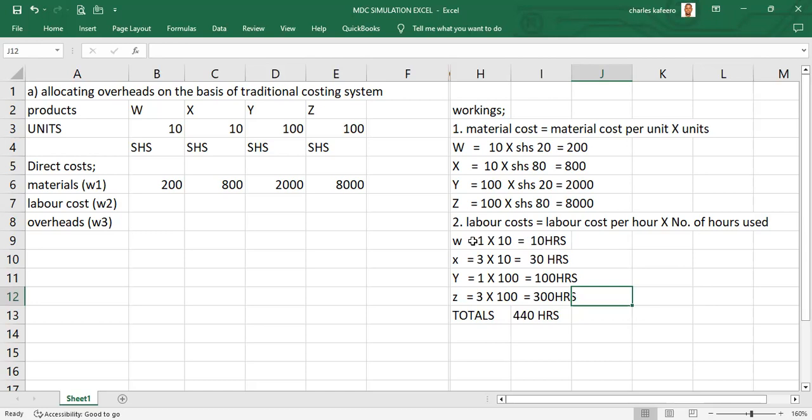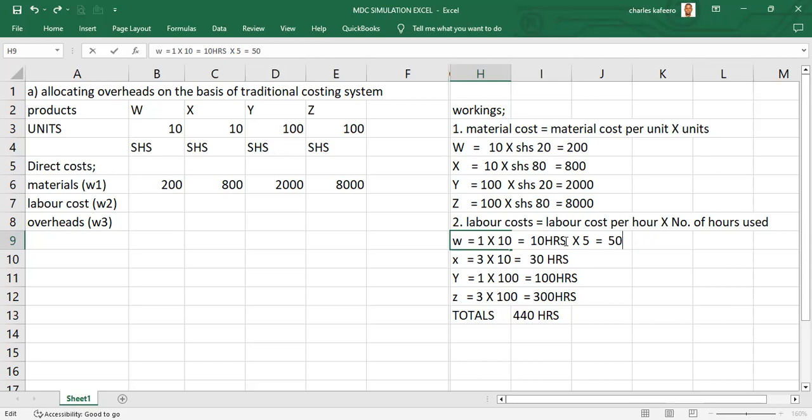And that's the unit cost, or the cost per labor hour. So this will be multiplied by 5 to be able to get our labor cost. Now it will be this labor cost that we are going to transfer to our sheet, and this is going to give us 50 shillings.